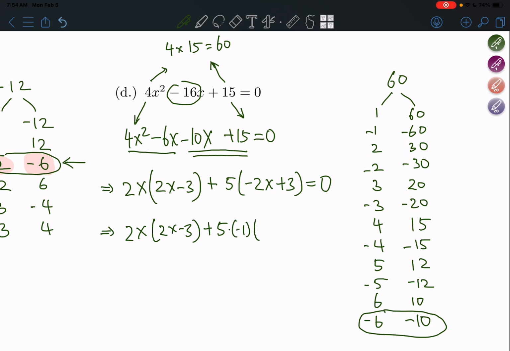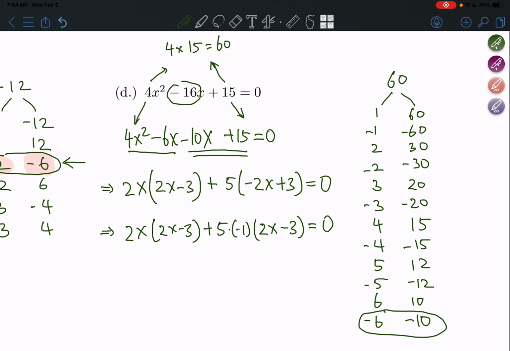And when I take out the negative 1, again, think about dividing by negative 1. The negative 2x divided by negative 1 is 2x, and the positive 3 divided by negative 1 is negative 3. That's how I'm going to get the other terms.